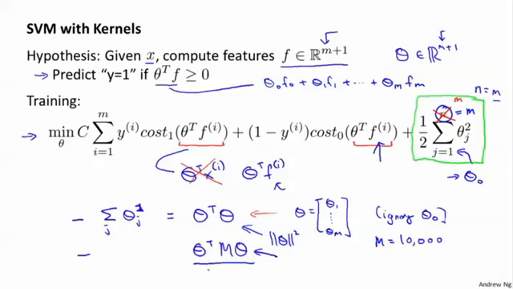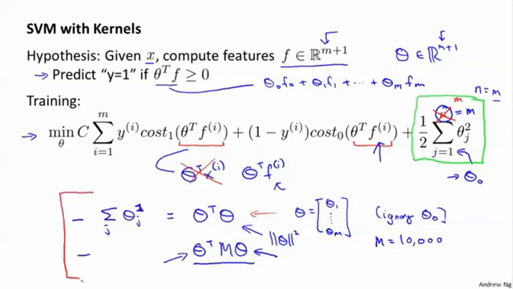Because of computational tricks embodied in how the support vector machine software is implemented, support vector machines and kernels tend to go particularly well together, whereas with logistic regression and kernels, you can do it, but it's going to run very slowly, and it won't be able to take advantage of advanced optimization techniques that people have figured out for running a support vector machine with a kernel.